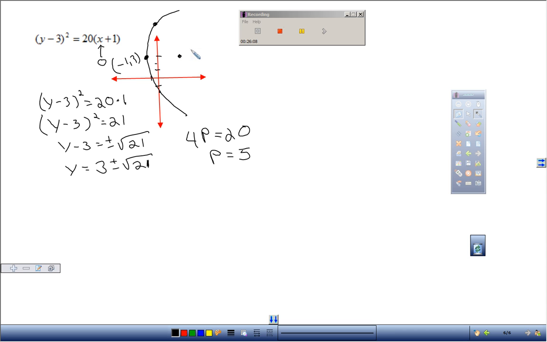So the focus is going to be at 4, 3, because the distance from here to here is 5. And then the directrix is going to be over here, 5 units away from negative 1, so that puts you way over here. Whoops, that should be a dotted line.